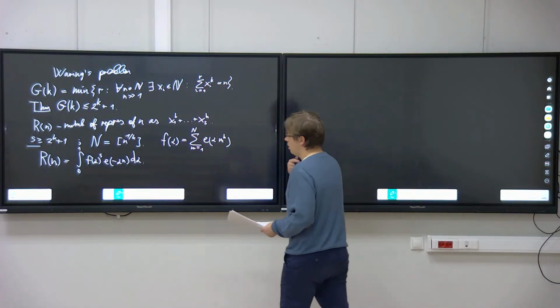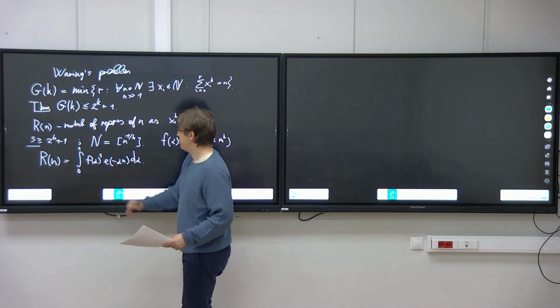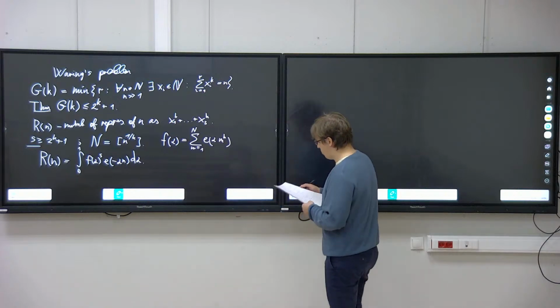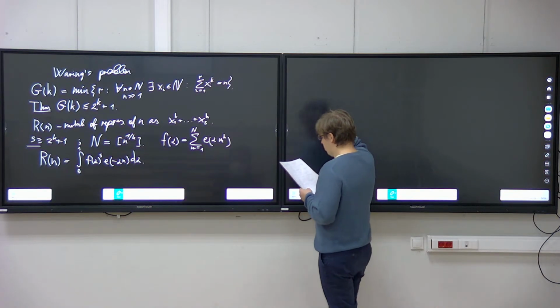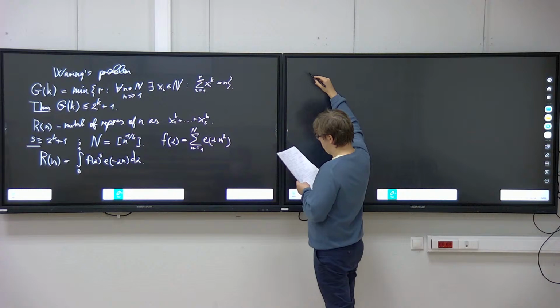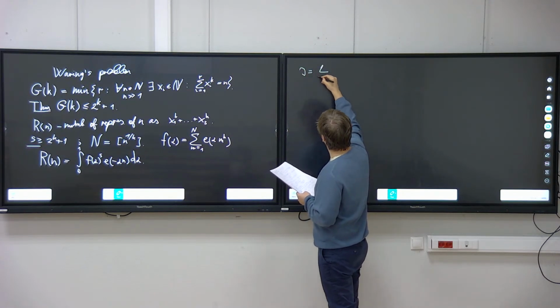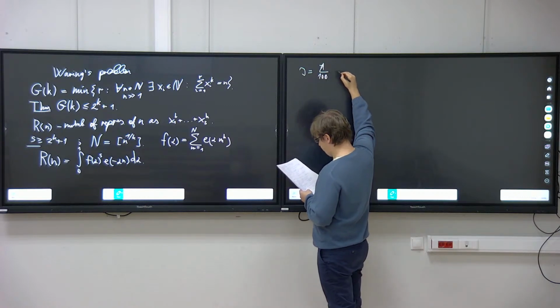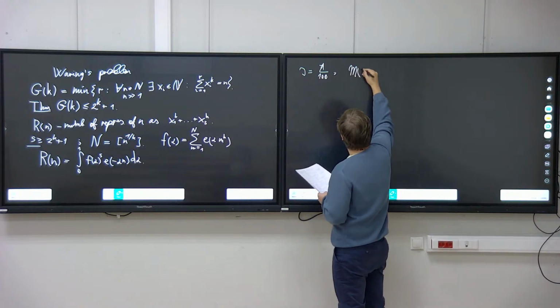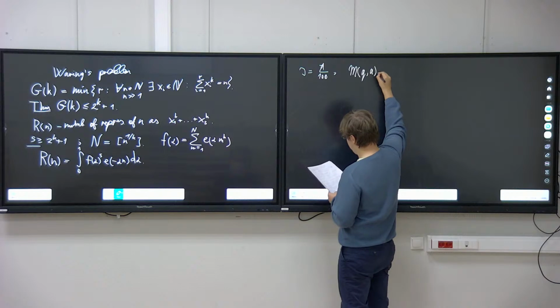And our aim is to estimate such integral. And for this, we introduced major arcs. So let mu be 1 over 400. And the major arc is like that.